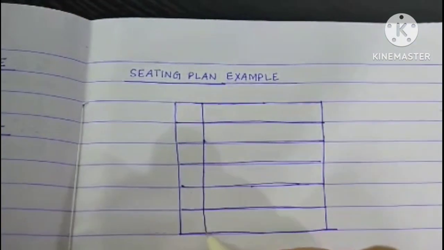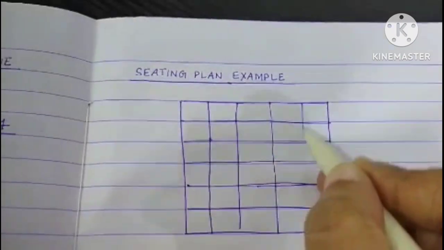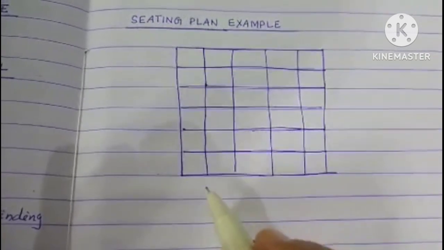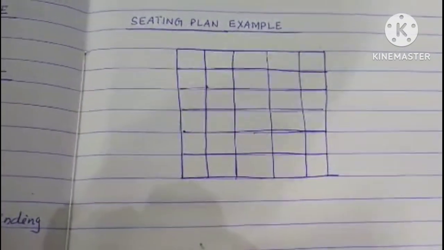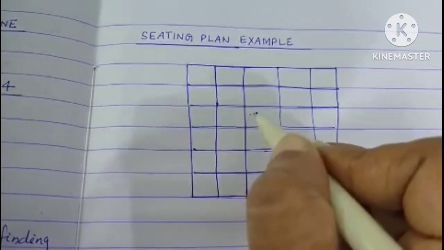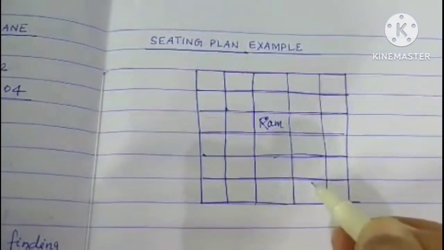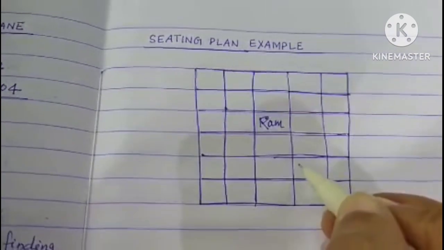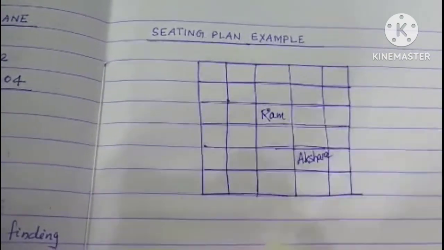Each square will represent one desk, and one student will occupy one square or one desk. Suppose somebody, let us say Mr. Ram, is sitting here, and let us suppose one girl, Akshara, is sitting here.